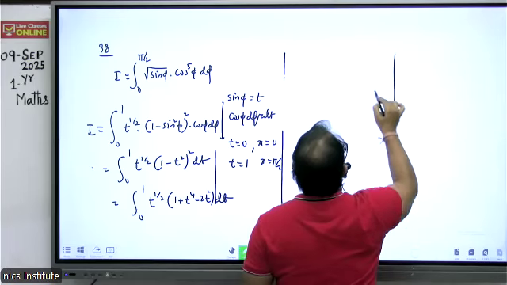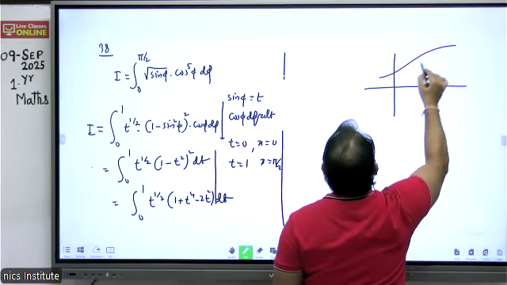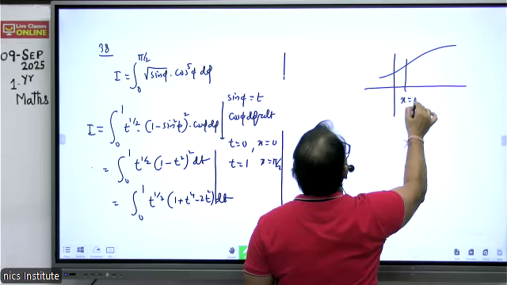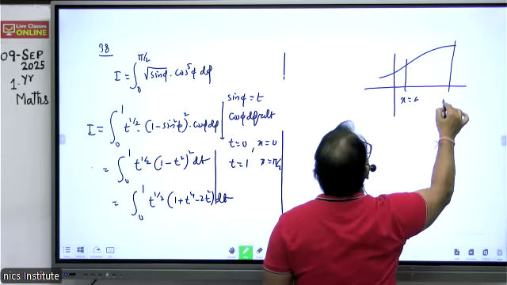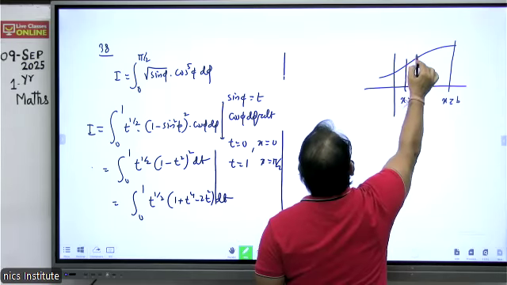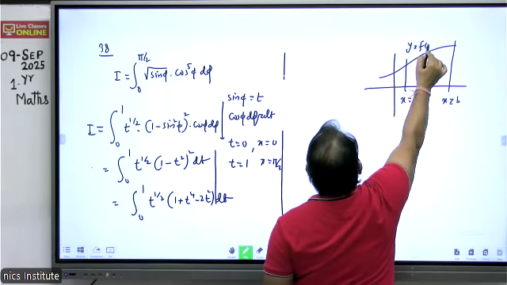You all know that when you integrate something between two limits, lower limit and upper limit, integration always gives us some area enclosed.